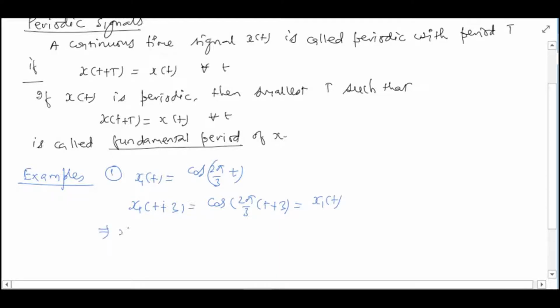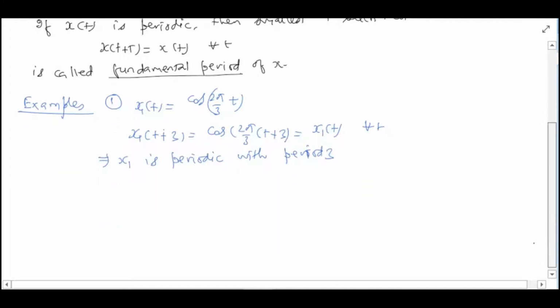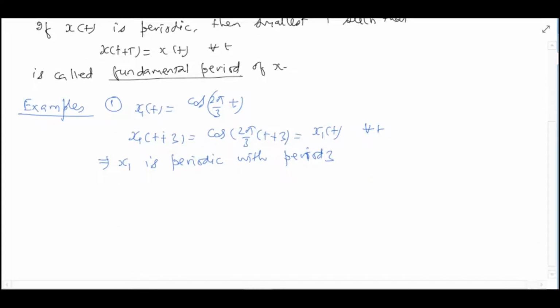So x1 is periodic with period 3. Actually 3 is the fundamental period of x1 in this case. Let's look at another example.